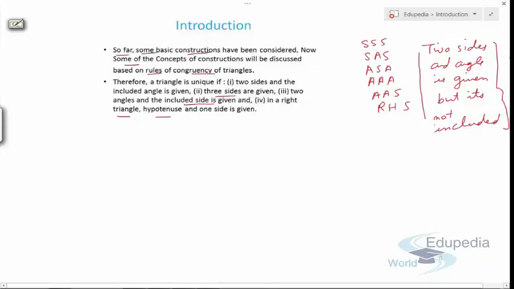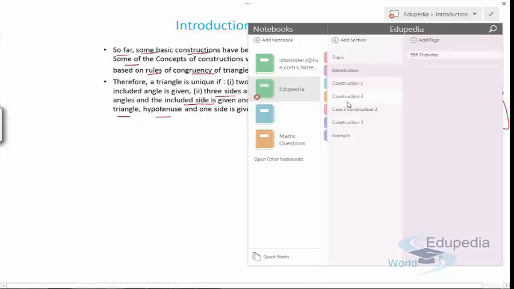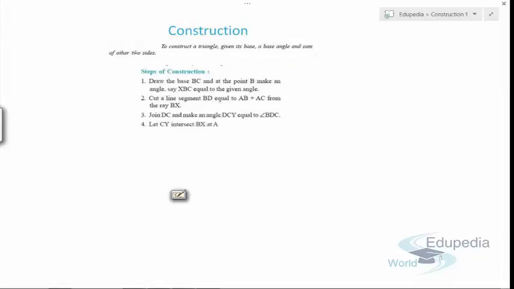So let's get started with the first basic concept, first construction, that is we need to construct a triangle given its base, a base angle and the sum of the other two sides. So let's say we have a basic triangle like this, right? Let's say this is ABC. Now what is given is its base.